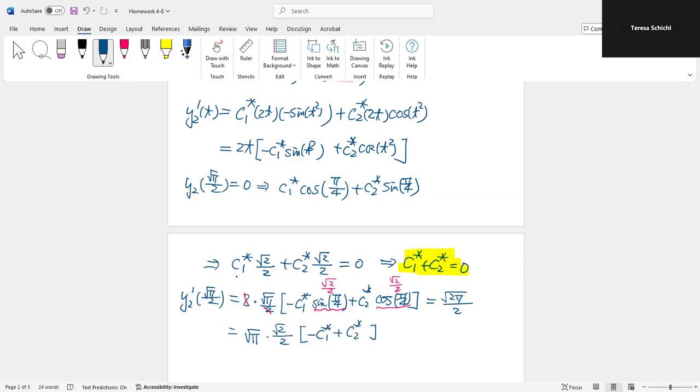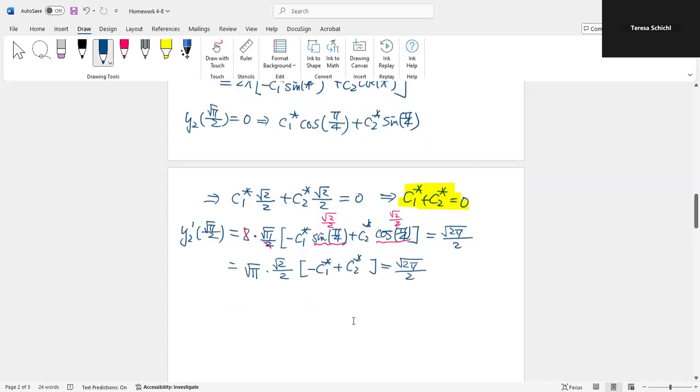This is equal to square root of 2 pi over 2. So I can find that negative C1 star plus C2 star is equal to 1. That's right.